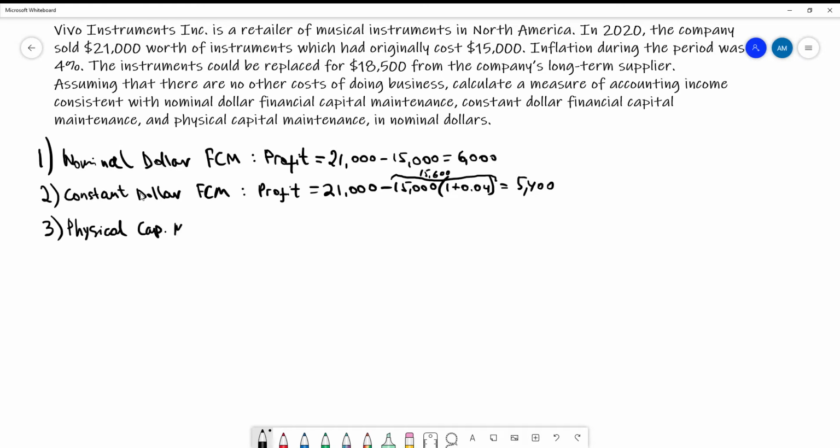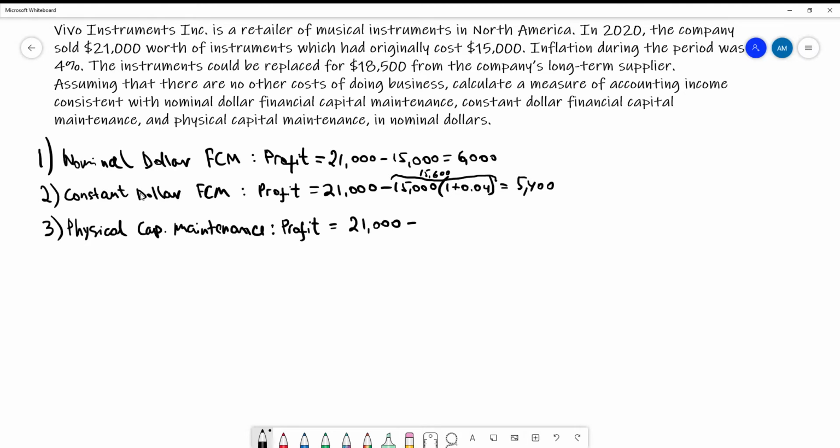Profit is 21,000, and it says here that inventory could be replaced for basically $18,500.